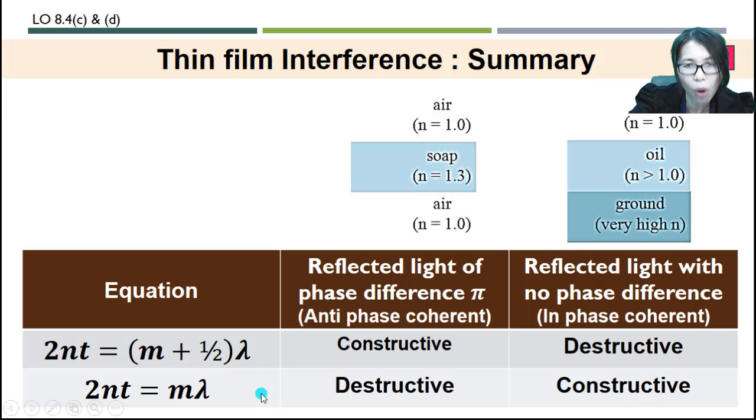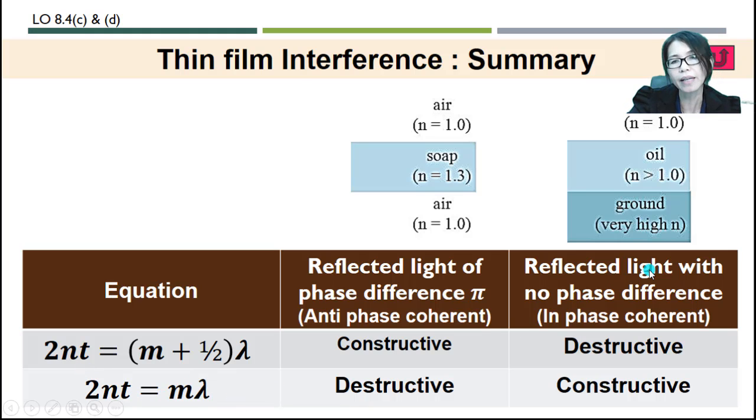It depends on whether the two reflected lights have a phase difference of pi or no phase difference, that is, whether they are antiphase or in phase. If antiphase, then the equation for constructive is 2nt equal to (m plus half) lambda. Destructive will be 2nt equal to m lambda.